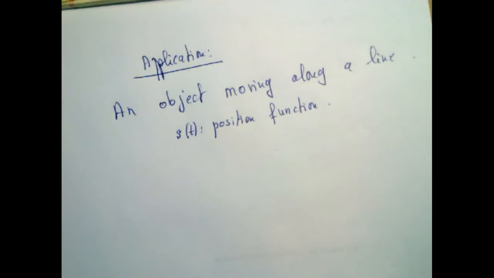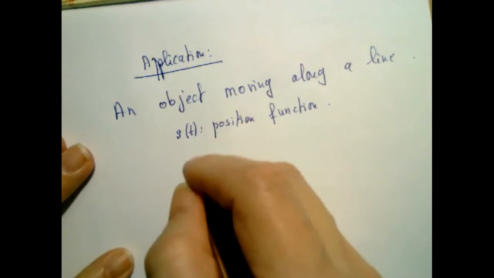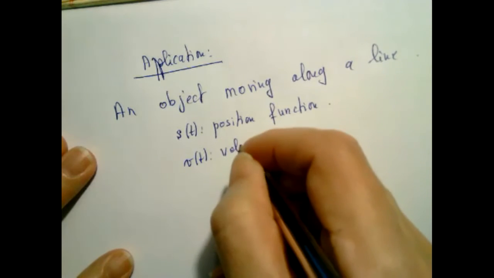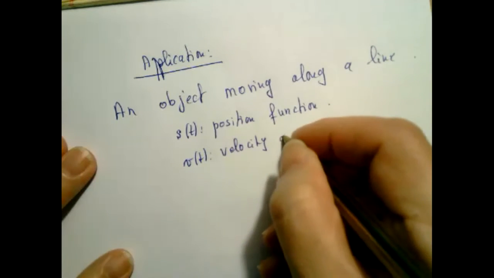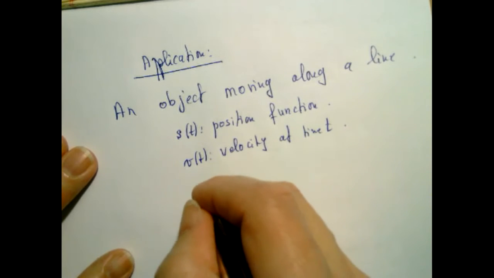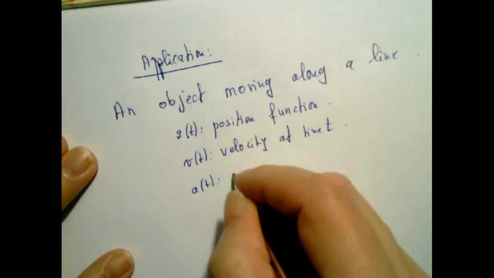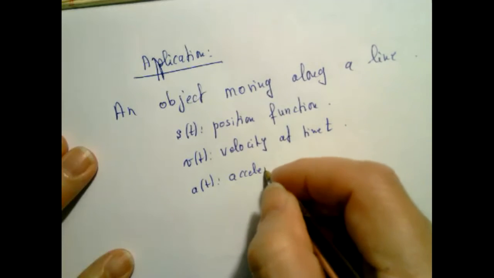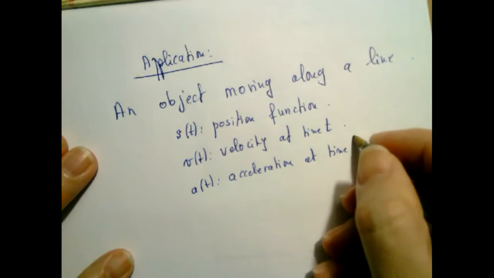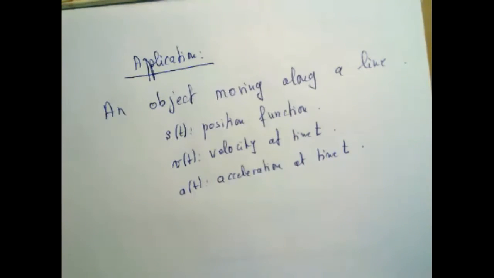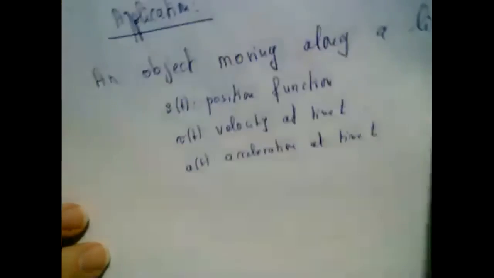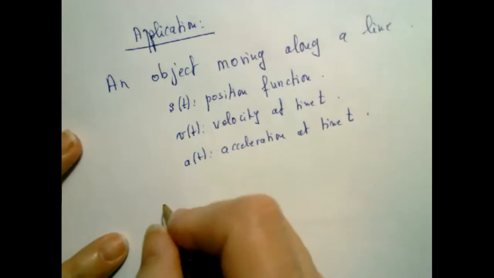Okay. Now, what we know is that v of t is the velocity at time t, and a of t is the acceleration, how fast the velocity is changing. Let's see the relationship between those three functions.